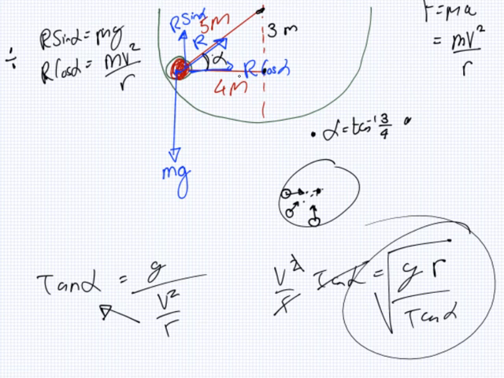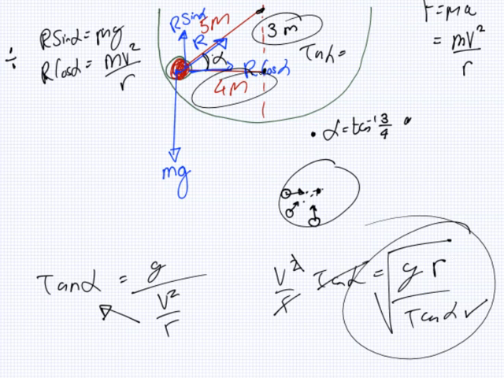But actually, you know what tan alpha is. Tan alpha is 3 over 4. So we know tan alpha. Now, don't just open your mouth. Think for a second. What's the r here? 5. Ah, 4!